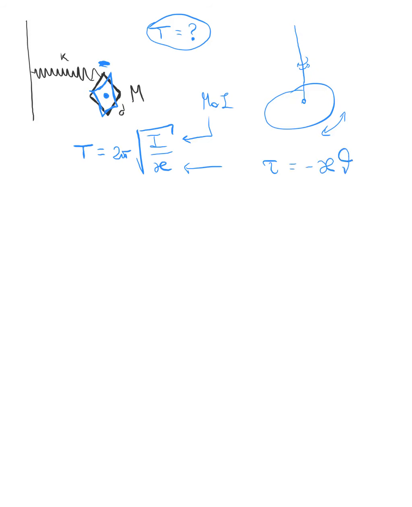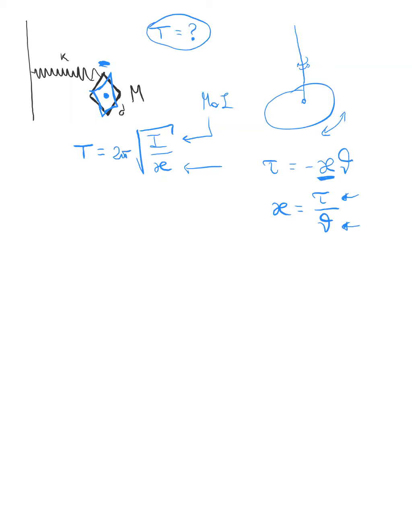The torsion coefficient basically tells you how much torque you get if you twist this thing by a unit angle. So the torsion coefficient is torque divided by the angle. The more angle you have, the more torque you usually have. So the ratio is a number, and it describes the sensitivity of your angular pendulum with respect to small angular offsets.